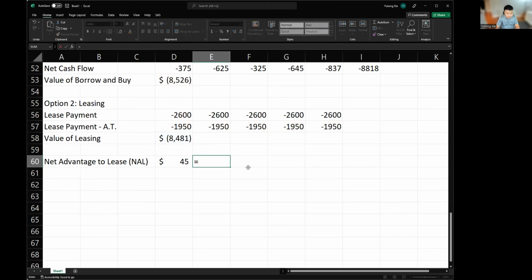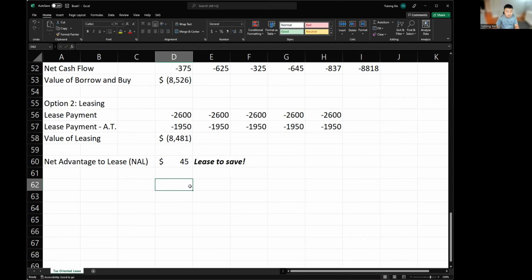It equals if this number, the net advantage to leasing, is greater than 0, then we say lease to save. Otherwise, we say lease doesn't save. Okay, so as you can see, it says lease to save. Okay, so this is the tax-oriented lease.